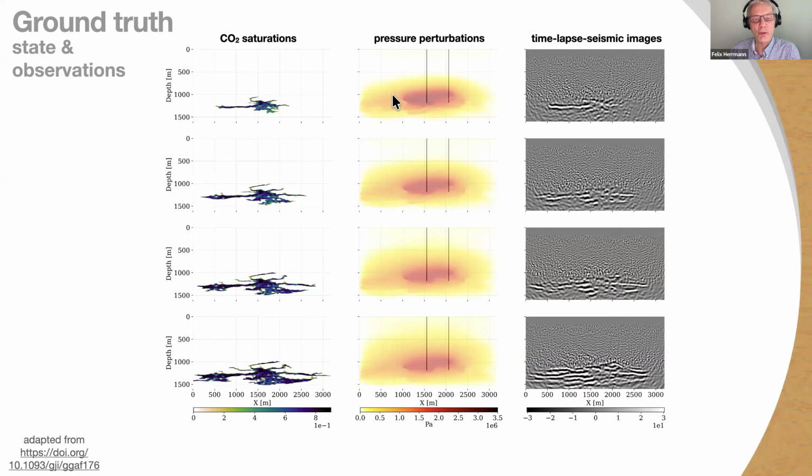So this is a pressure perturbation because if you inject CO2, you raise the pressure, and that typically propagates out much faster and carries danger, because if you inject too fast and you raise the pressure too much, you may break the rock. I'll talk about more of that later. And here you see the imprint of the plume over different time steps. So what we have is basically the data here on the right, and we have the data at the wells, but nothing else.